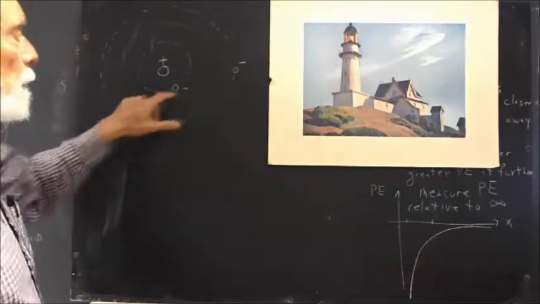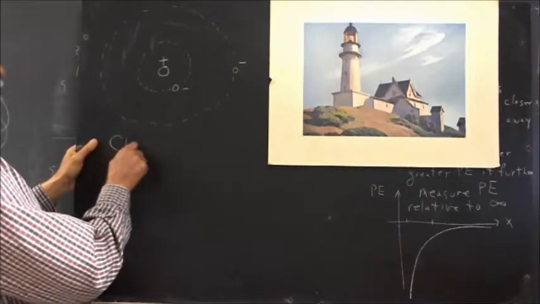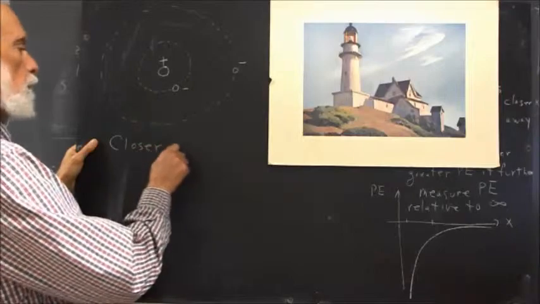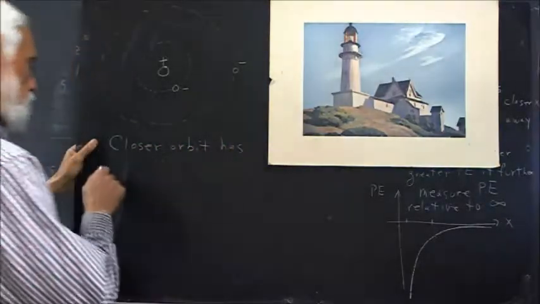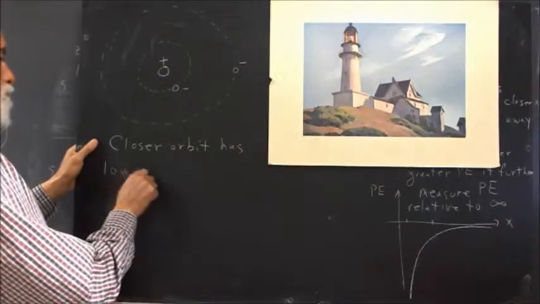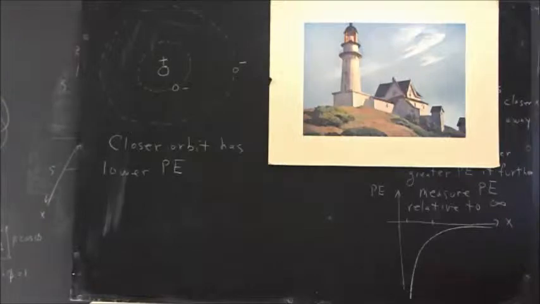Now, which orbit has the greater potential energy? Closer orbit has lower potential energy. Okay?